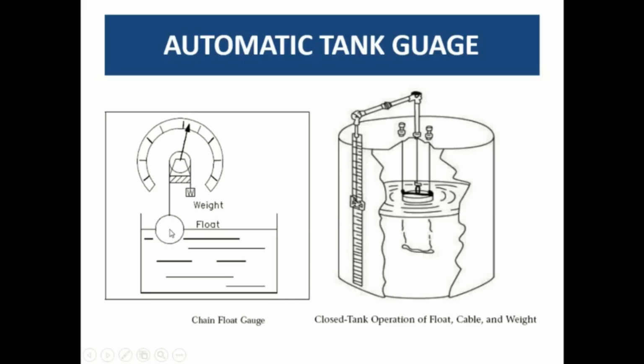With the rise of the floating head, the pointer starts to move in a clockwise direction and gives you the reading accordingly with the calibration. A similar technique is used in closed tank operation.